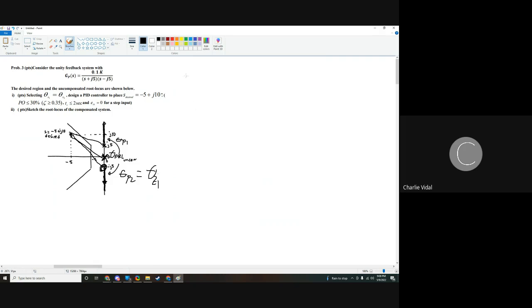Anyway, let's find these values. Theta p is equal to 180 minus the inverse tangent of 10 over 5, right? Because it's a distance of 10 for y and then a distance of 5 for x. And this is equal to 116.6. We're going to find theta p1.